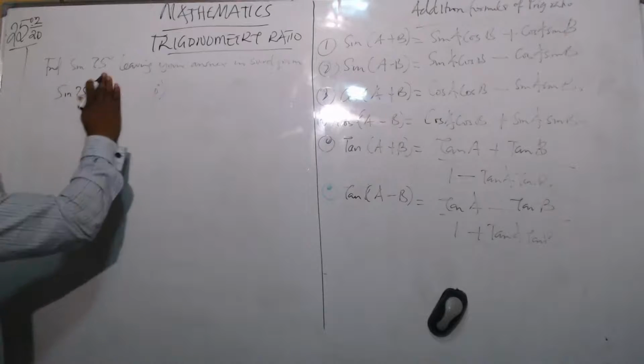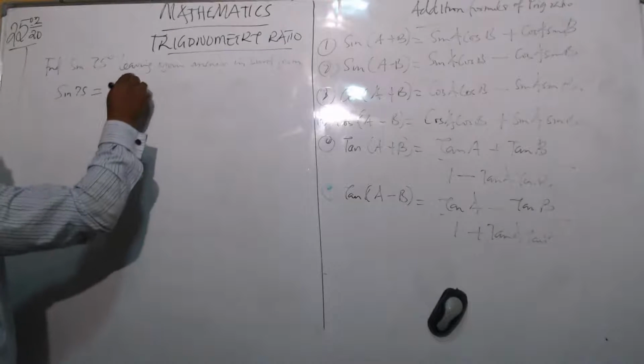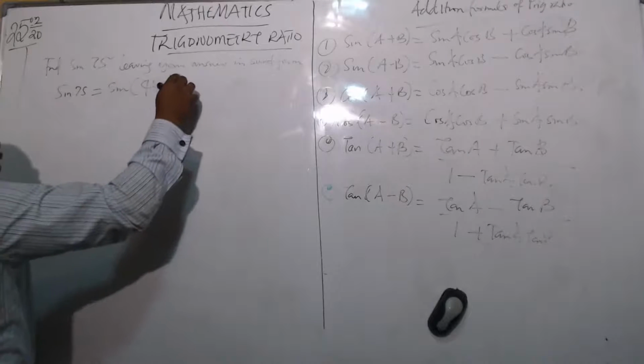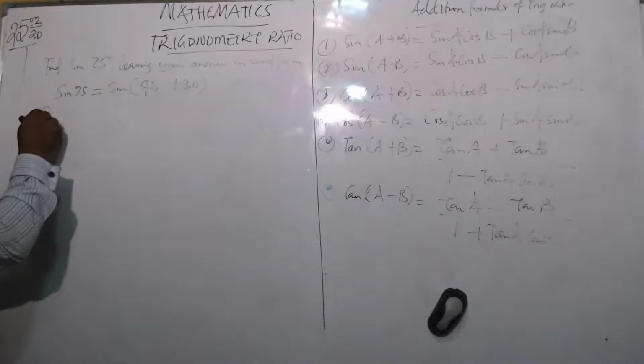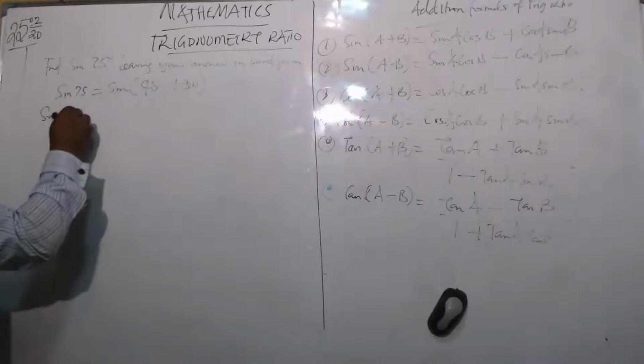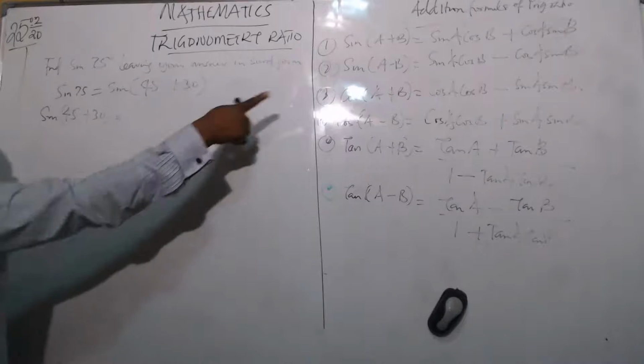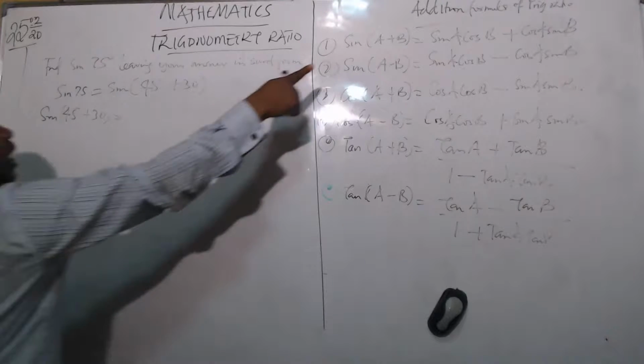So I want to have sine now 45 plus 30, using the addition formula.